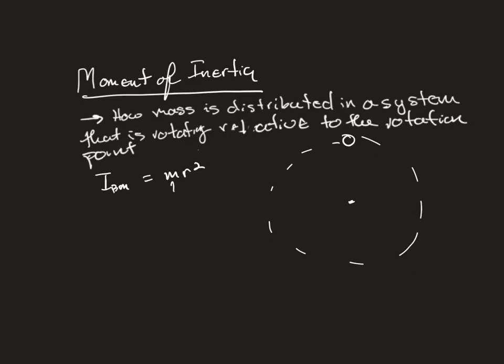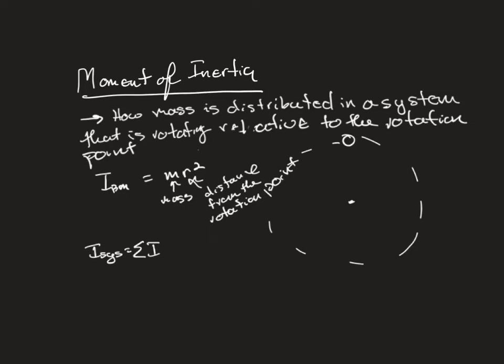So in this case, m is the mass of the point mass, and r is the distance from the rotation point. And when we calculate the moment of inertia of a system, it's going to equal the sum of all the individual moments of inertia of anything that is rotating in the system.